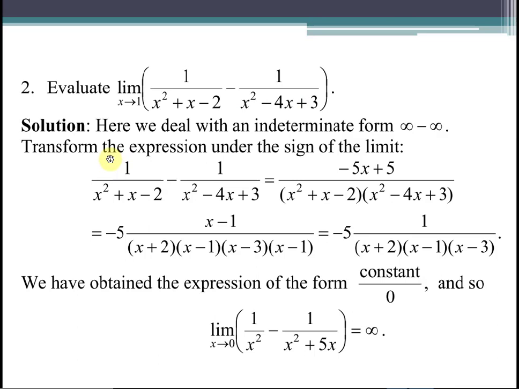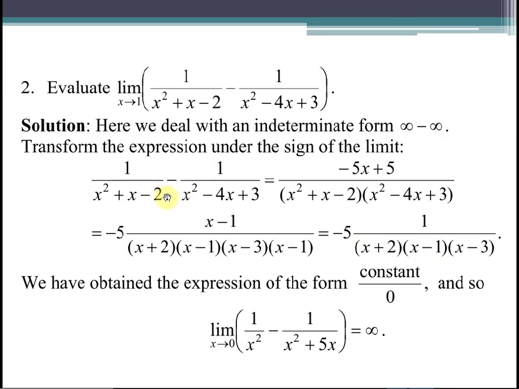So now transform the expression under the sign of the limit. We should simplify the expression, and we get the following one after simplification: minus 5 over x plus 2, x minus 1, x minus 3.